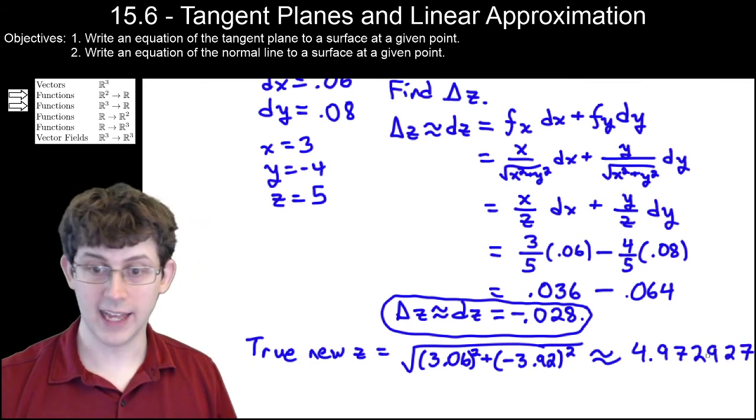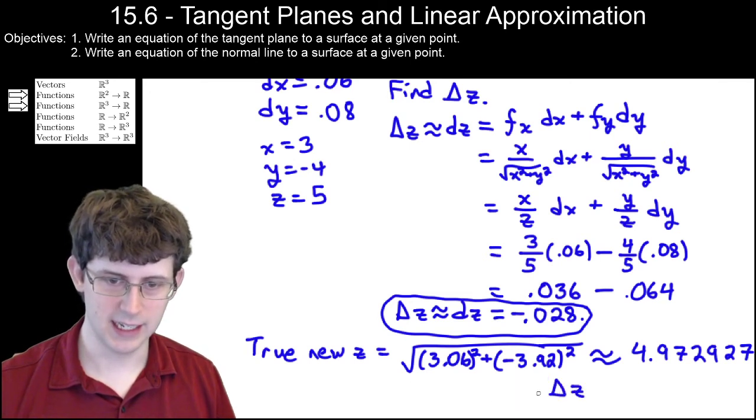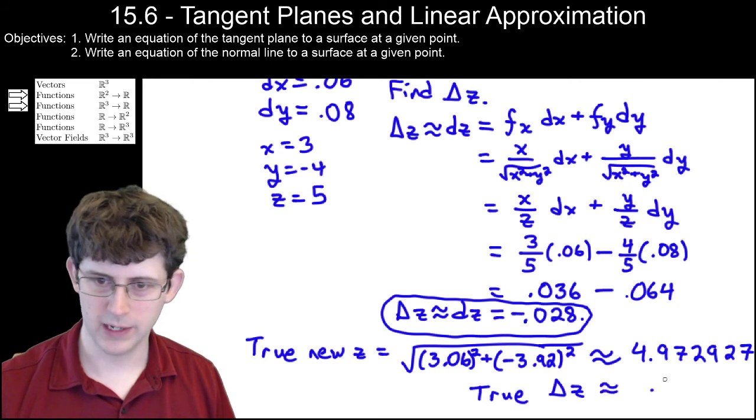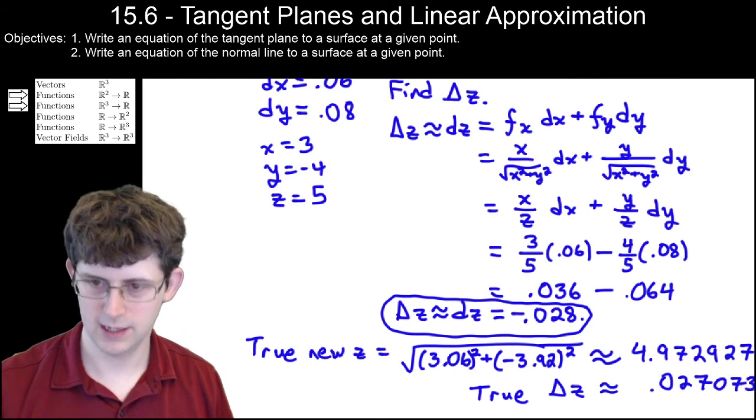So this is the true value of the new z, which means that the true value of delta z is 0.027073.